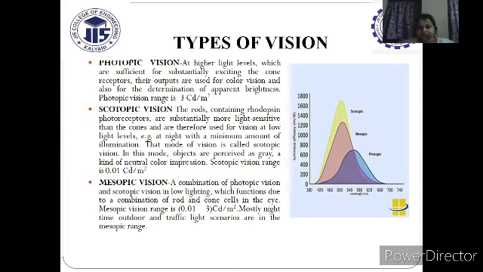On the right side, we can see a graph where the x-axis is wavelength and the y-axis is luminous efficacy, and the ranges of photopic, scotopic and mesopic visions are shown here.